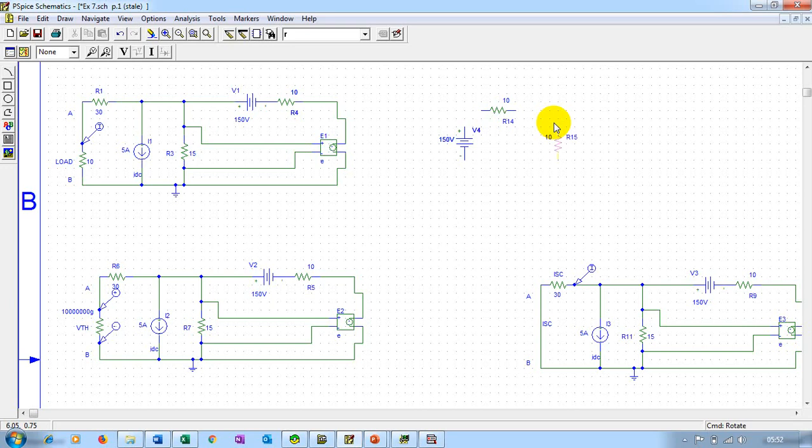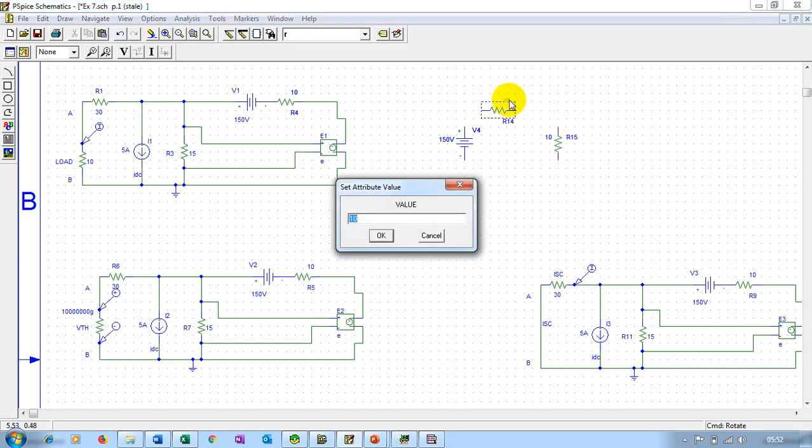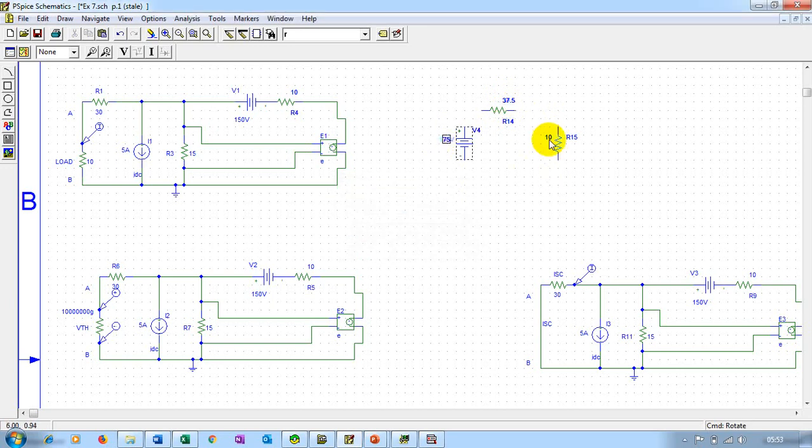The load resistance is 10 ohm, and we know the value of RTH is 37.5, the value of VTH is 75, and the value of load resistance is 10 ohm. So let me connect this. So let me take a common ground.